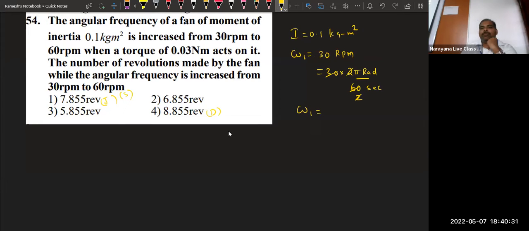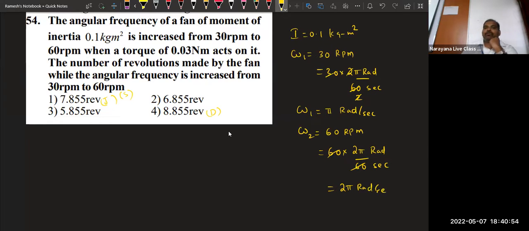So the initial angular speed equals pi radians per second. And what is the final angular speed? 60 rotations per minute. 60 rotations means 2 pi radians, per minute means 60 seconds. 60 cancels out. So 2 pi radians per second. Understood?